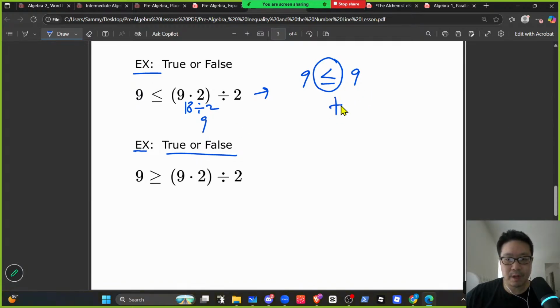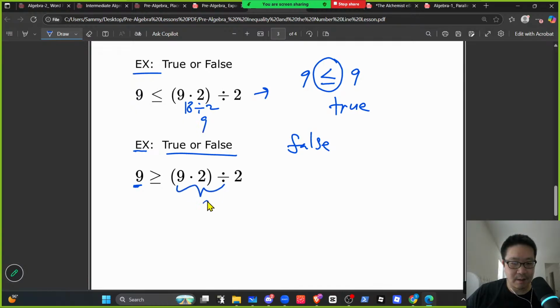False. Okay, so the first one was true, and this one you're saying is false. All right, let's see what's going on here. On the left, we have 9, and we have greater than or equal to 9 times 2 divided by 2. We did that above. So this is 9. So what this is saying is 9 greater than or equal to 9. And again, it's actually true, right?